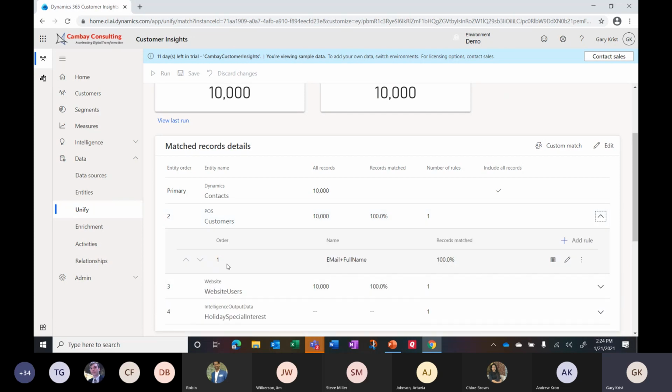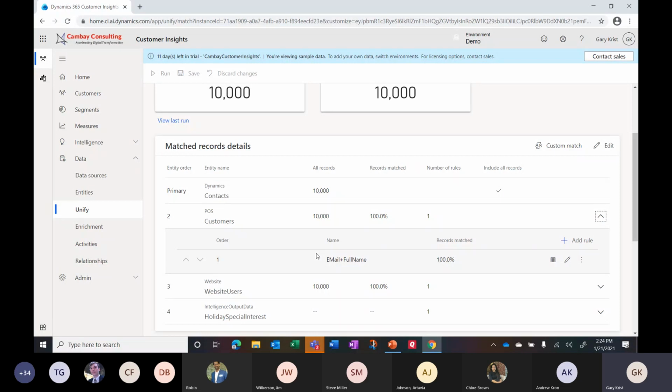As we go in here, we can see that we're matching on the email and the full name. That would be a perfect match, and that's matching against the contact entity to determine that we have the proper record.